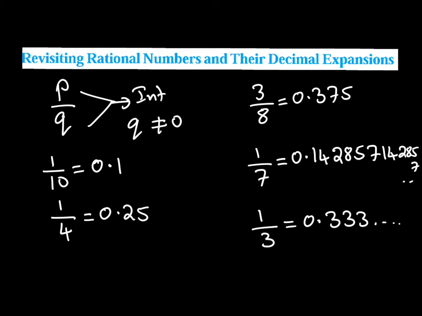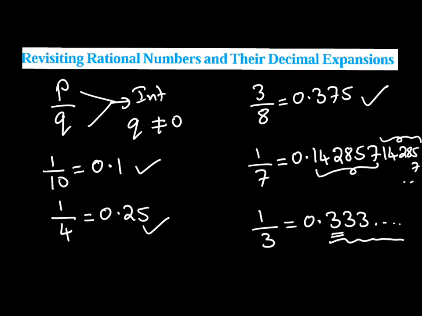Now if you look at the decimal expansions of these rational numbers, either the decimal expansions are terminating or the decimal expansion is non-terminating but repeating. If you observe 1 over 7, 0.142857, and again it repeats 142857.